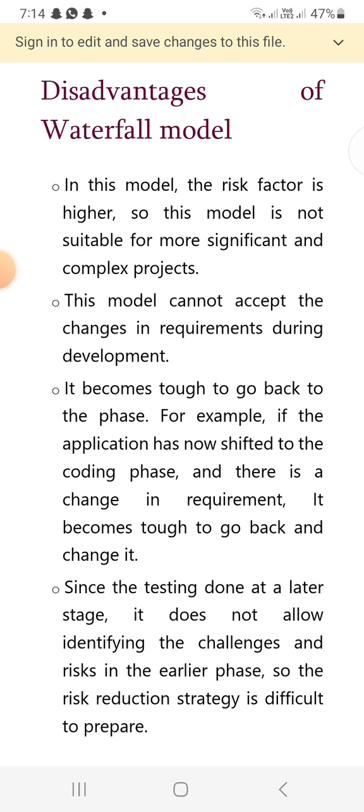The next one is also a most important disadvantage of the waterfall model. This model cannot accept changes in requirements during development, and it is tough to go back to the phase.